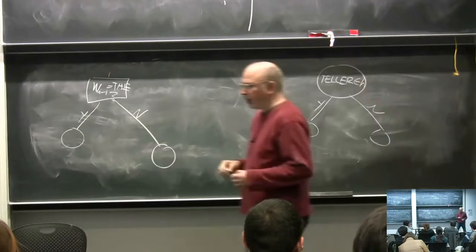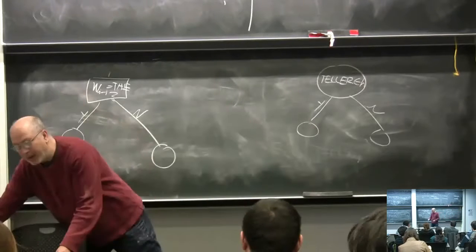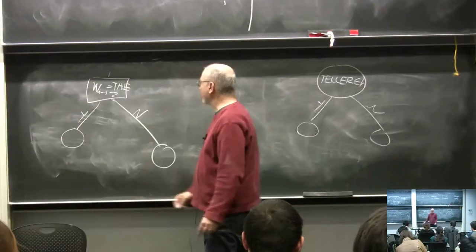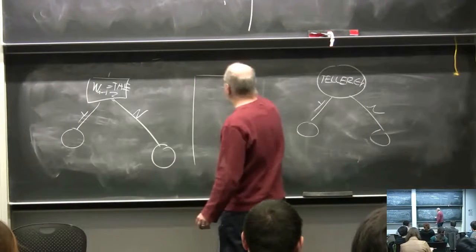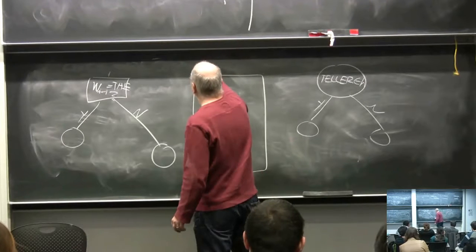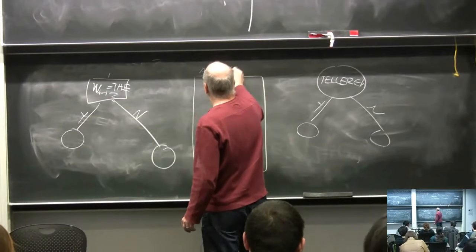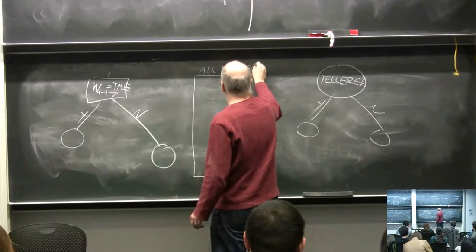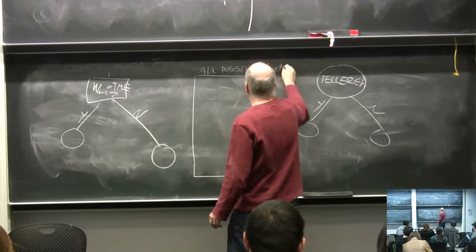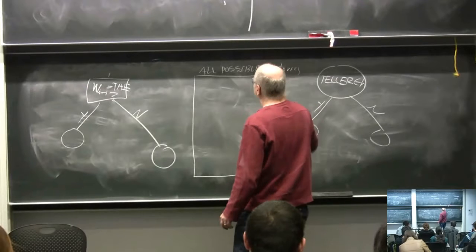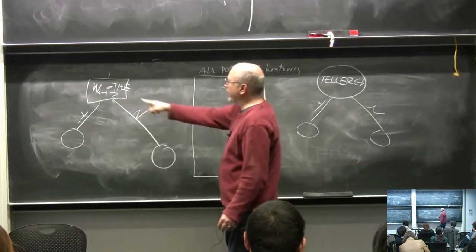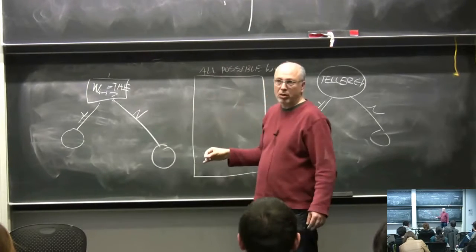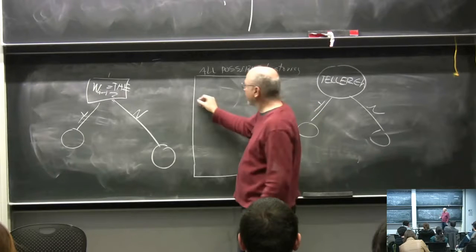If you remember, I had a view of the history space based on questions asked by a decision tree. There was a space of all possible histories. And this question divided it in two, not necessarily equal parts.